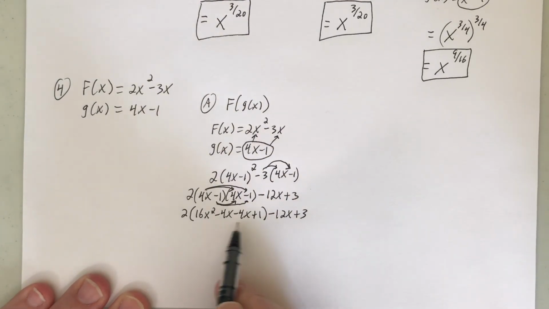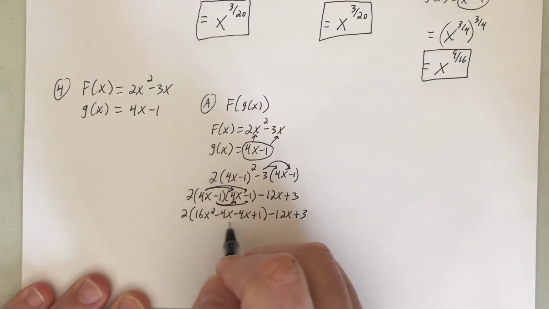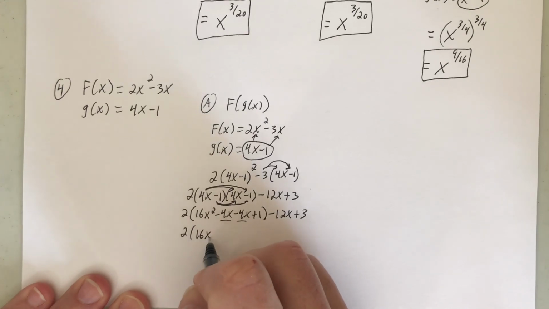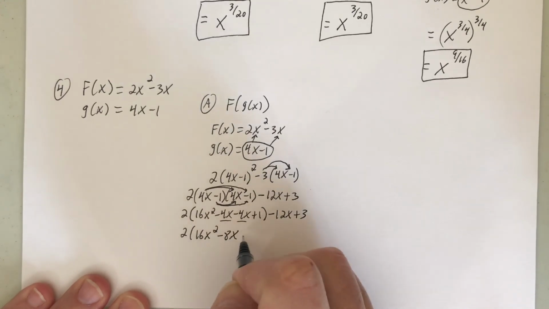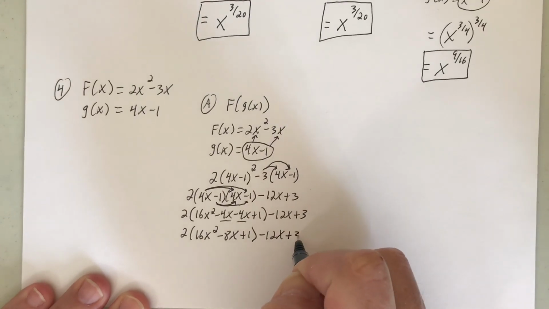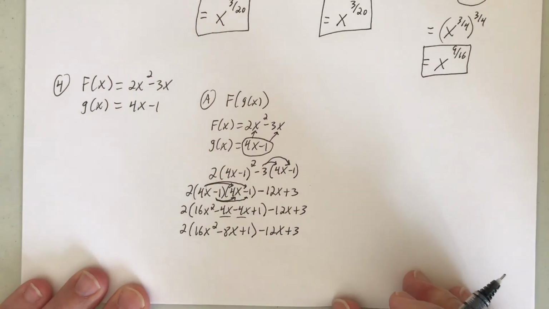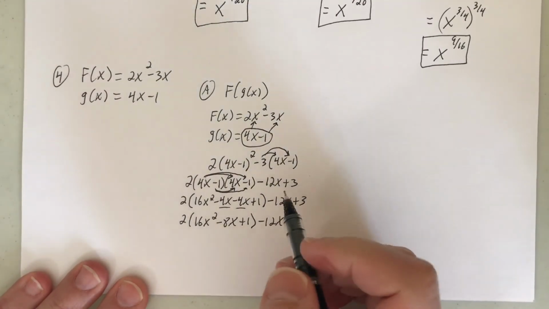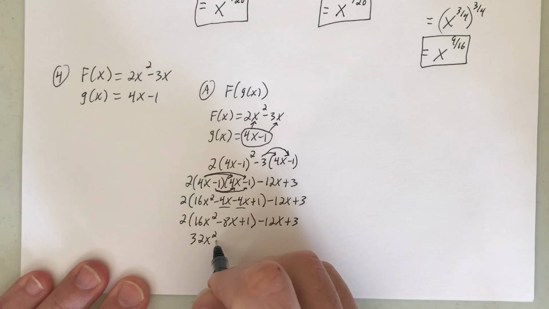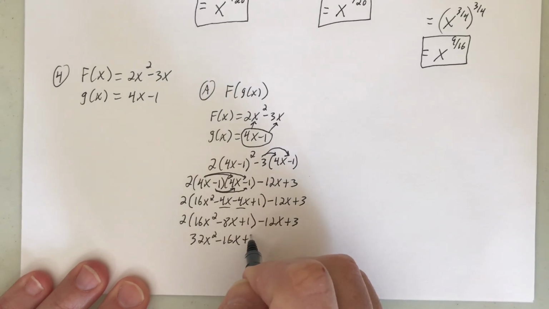You can combine these first, or you can distribute the 2. I'm just going to go ahead and combine the like terms in the middle. So this is 2 times 16x squared minus 8x plus 1, then minus 12x plus 3. Now I'm going to distribute. So that's going to be 32x squared minus 16x plus 2.